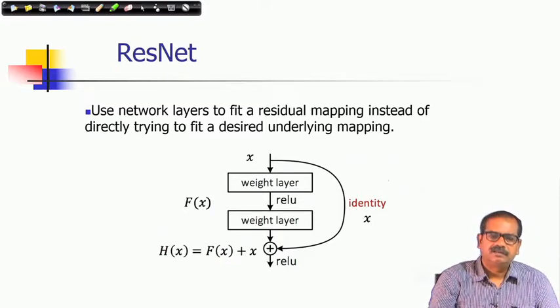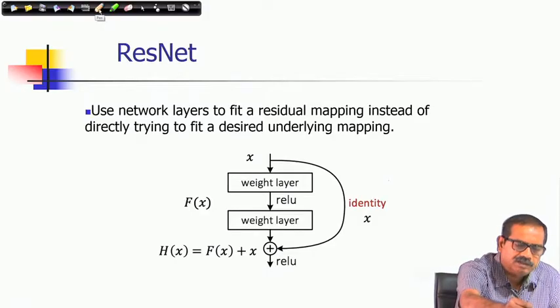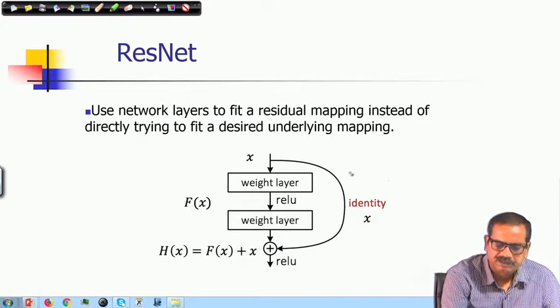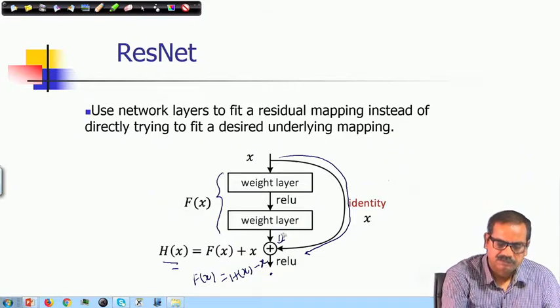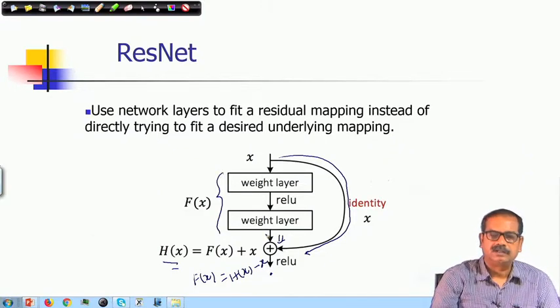As you can see in this unit, what you are learning is the residual part F(x), because there is a skip connection here, called skip, and it is added to this residual part, and only then you get the output H(x). So, what you are learning, F(x), is H(x) minus x, which is the residual part.